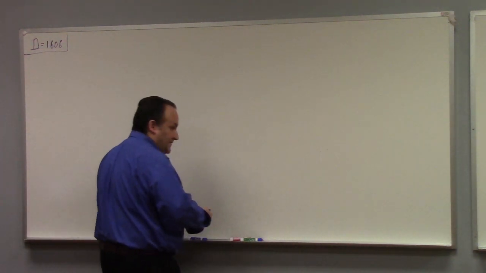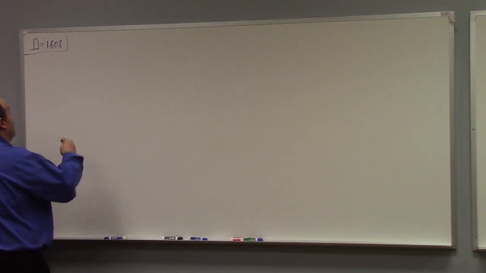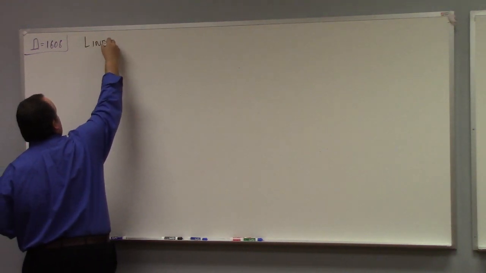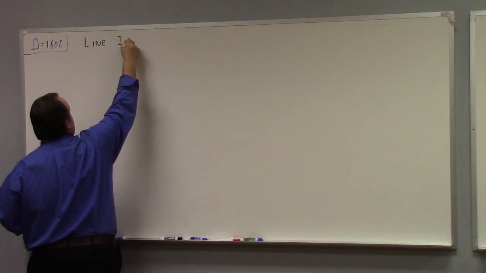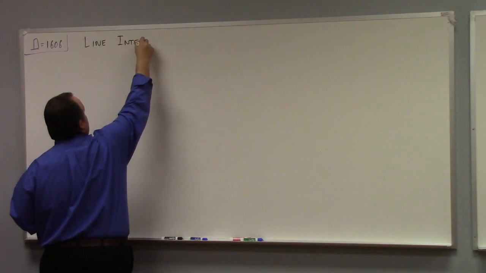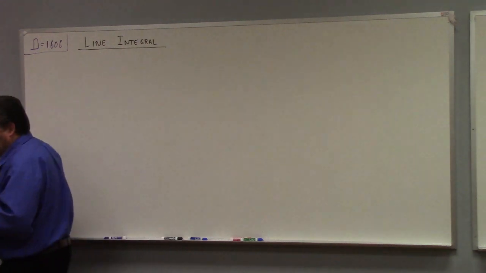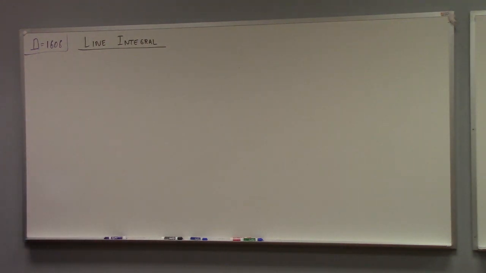Today we're going to at least define the line integral. It's called the line integral, but that's a bit of a misnomer because it's really an integral along a curve, and the curve doesn't have to be a line, but oftentimes this is called the line integral, at least in the circles I'm from.